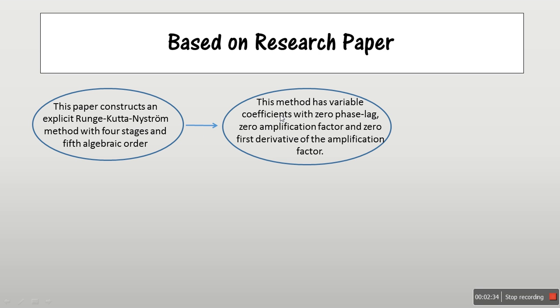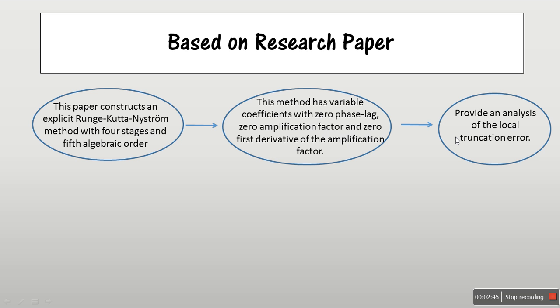Based on the research paper, this paper constructs an explicit Runge Kutta Nystrom method with 4 stages and 5th algebraic order. This method has variable coefficients with 0 phase lag, 0 amplification factor, and 0 first derivative of the amplification factor. This paper provides an analysis of the local truncation error.